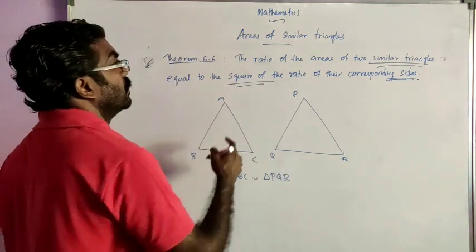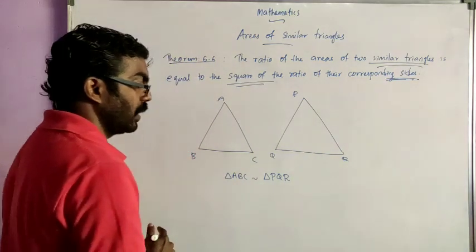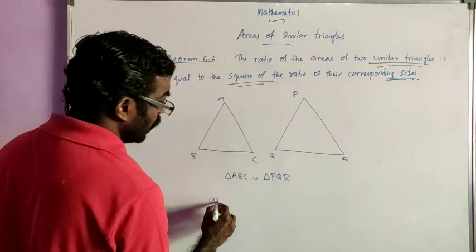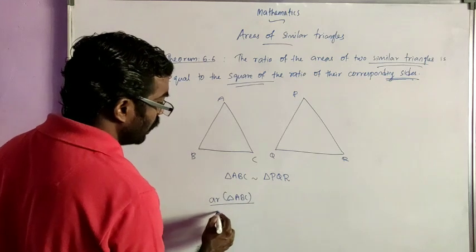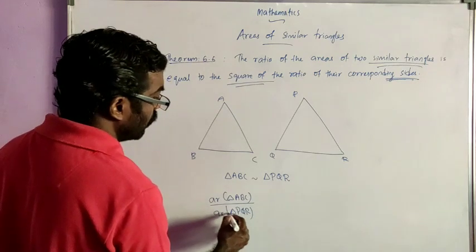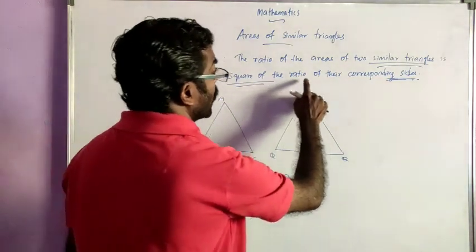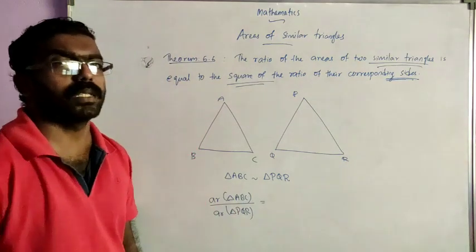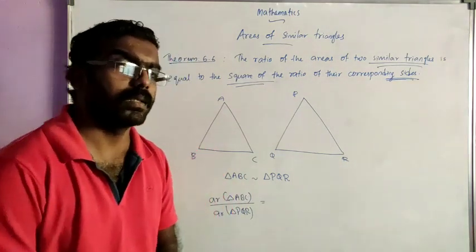Then the ratio of the areas of these two triangles, that means area of triangle ABC divided by area of triangle PQR, will be equal to the square of the ratio of their corresponding sides.